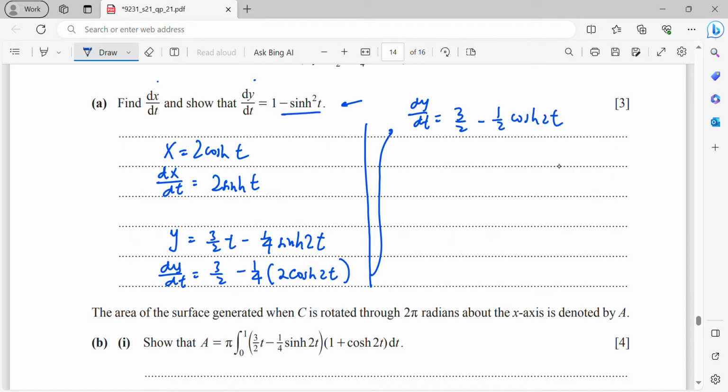But then when you look at the answer, it is in terms of sine squared. So what I need to do here is factorize the half first. I'll get 3 minus cos 2t. And now I need to refer to the double angle formula in cos. Now cos 2t is cos squared t minus sine squared t from the formula list.